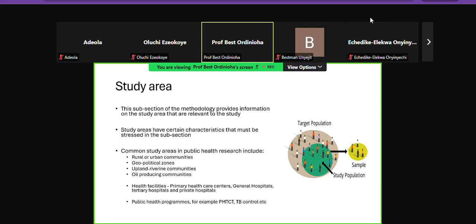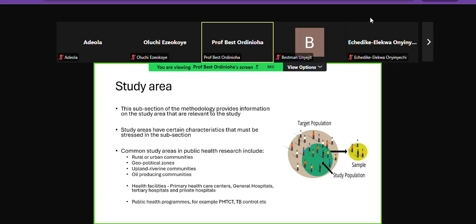Okay, so when you are carrying out the study, you are carrying out the study in a named study area. But if you say it's a rural community, you have to describe the conditions in your study area that make it a truly rural community. If you say that you're carrying out a study in an oil-producing community, you have to give information, not only geographical.